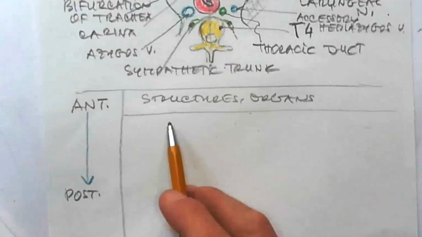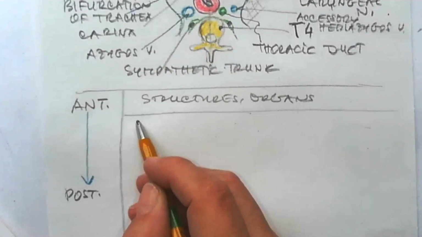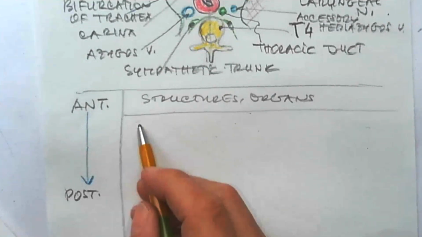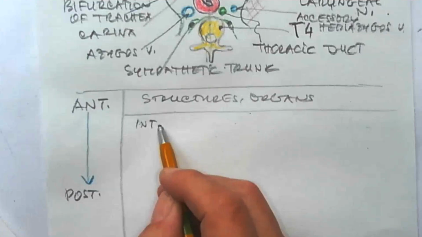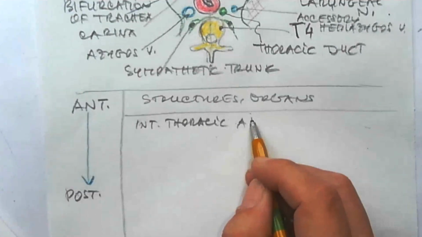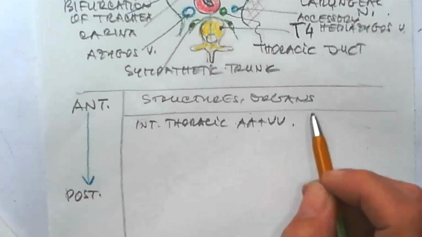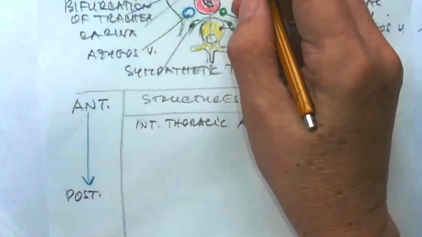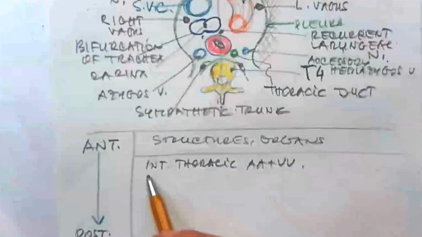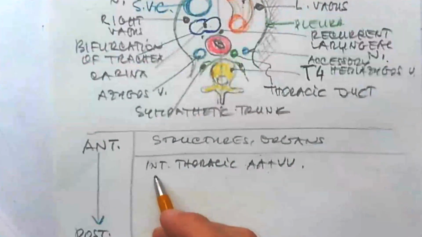So anteriorly, we see the internal thoracic arteries plus veins. This is true. They are situated anteriorly, just on the sides of the sternum. This is correct.